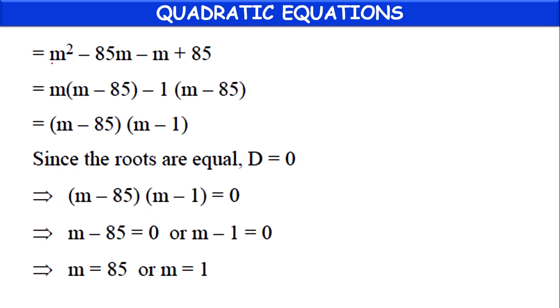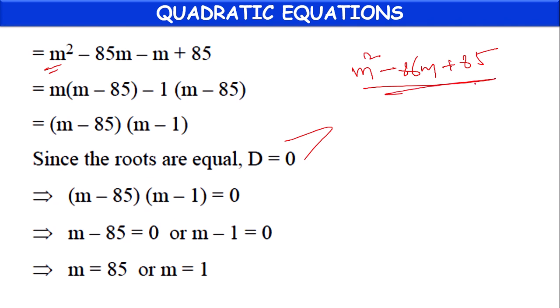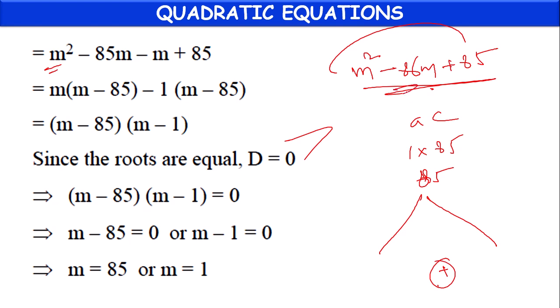So here, if we do factorization, m square minus 86m plus 85. If we try to find the factors, the ac value is 1 into 85, to be split into two numbers such that their sum is equal to the middle number, minus 86.